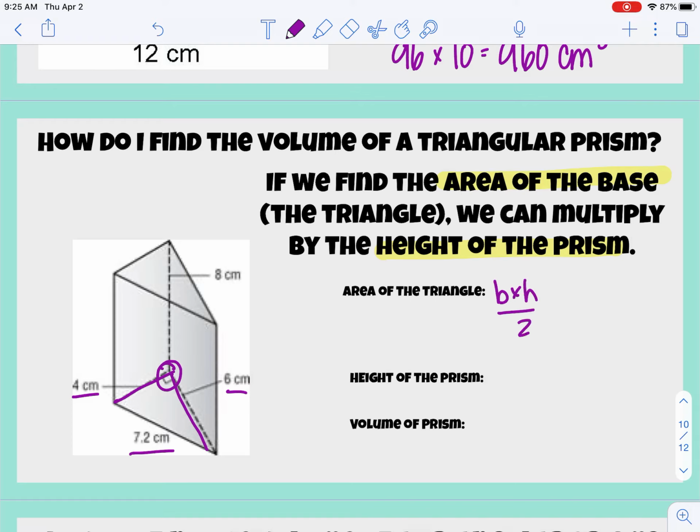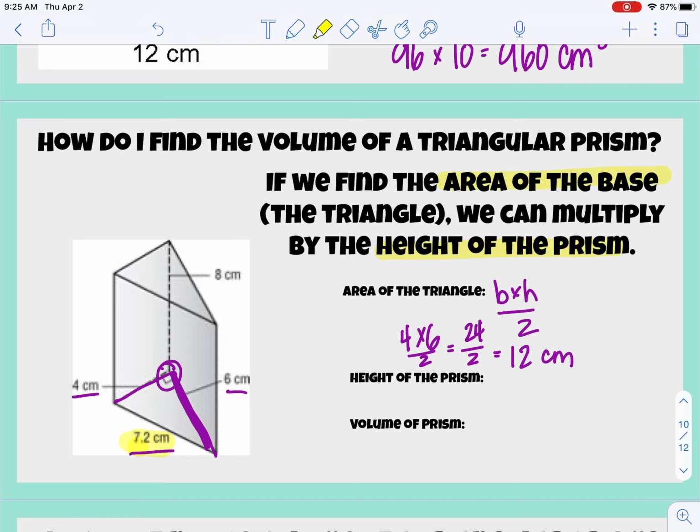So we have base times height divided by 2. It looks like our height is that 6. And then divided by 2, so 4 times 6 is 24. And then 24 divided by 2, you should end up with 12 centimeters. And then we have to think about the height of the whole prism. So remember, we have a triangle stacked on top of a triangle over and over and over again. If we look, 7 2/10 does not give me the height of my prism.